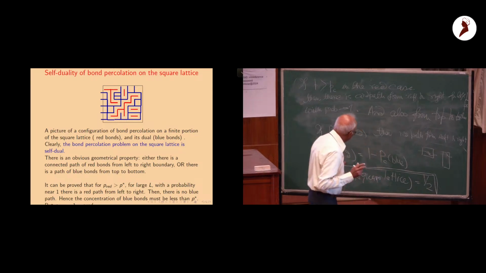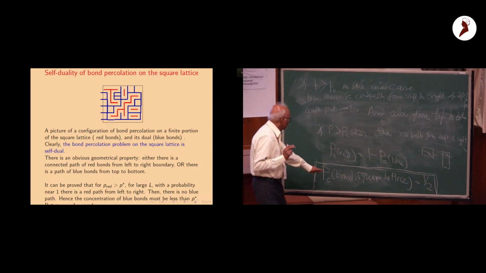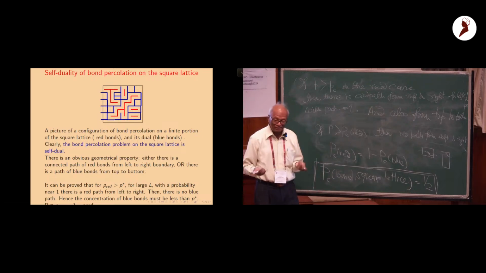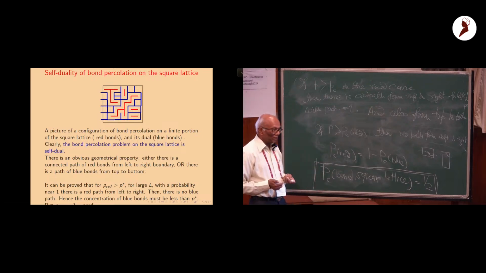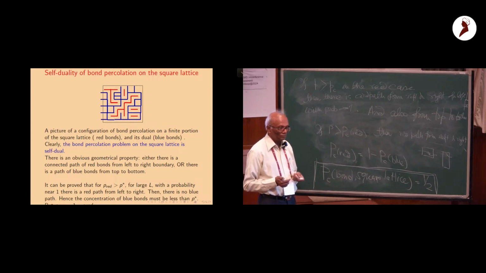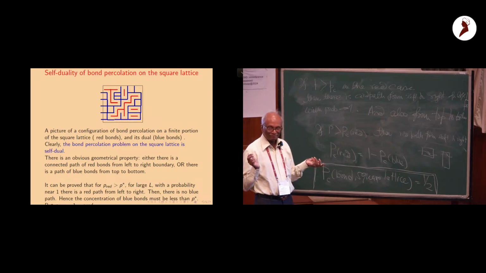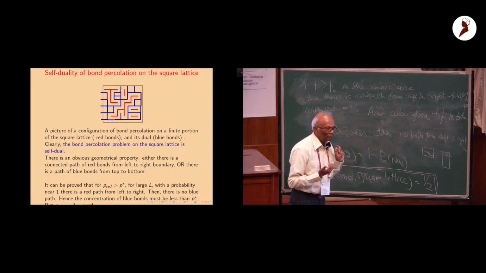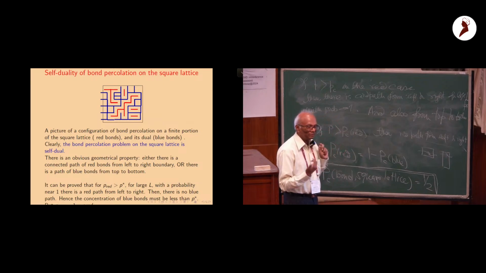Without writing the next equation, I have just said orally that PC bond on the hexagonal lattice must be 1 minus PC bond on the triangular lattice. Same duality, and all the arguments are the same. But since it relates PC of the hexagonal lattice to PC of the triangular lattice, I am not able to calculate either of them explicitly.